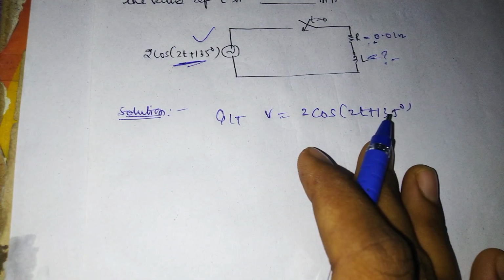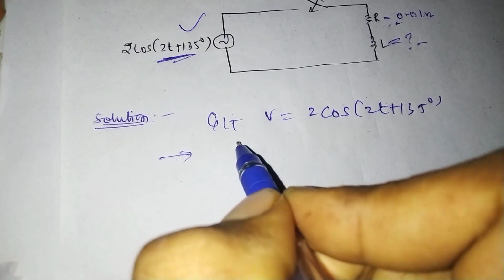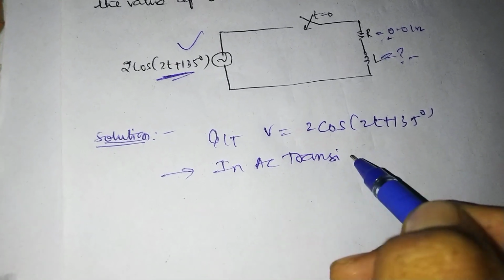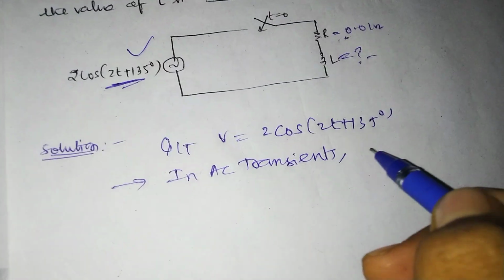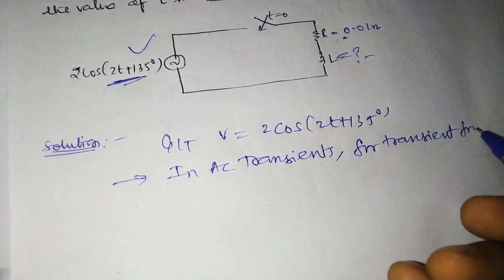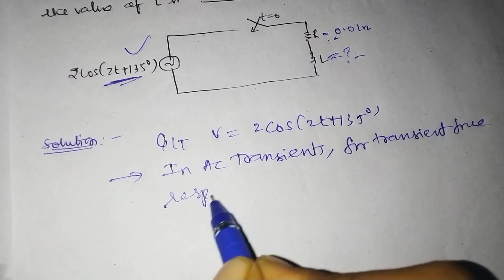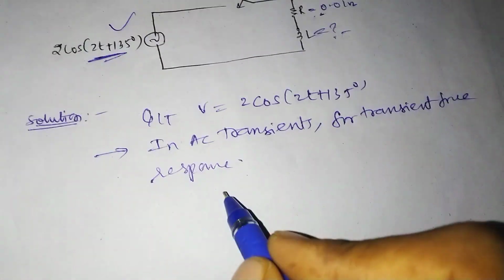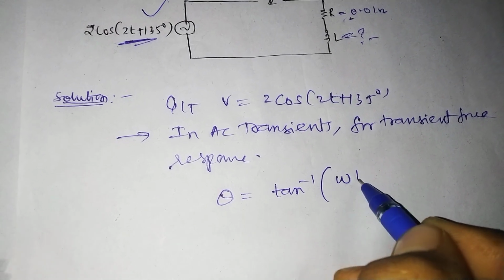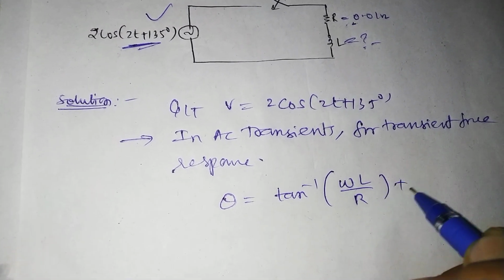One condition in AC transients: for a transient-free response, the phase angle theta equals tan inverse of omega L by R plus pi by 2.